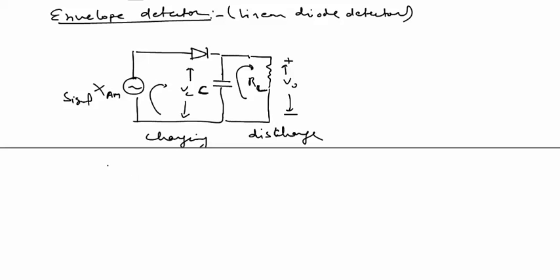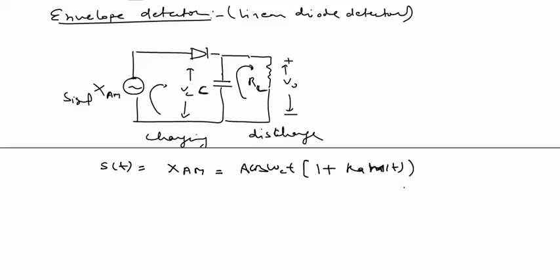The basic expression for an AM waveform is A cos omega c t (1 plus k m(t)). This term is known as the envelope.